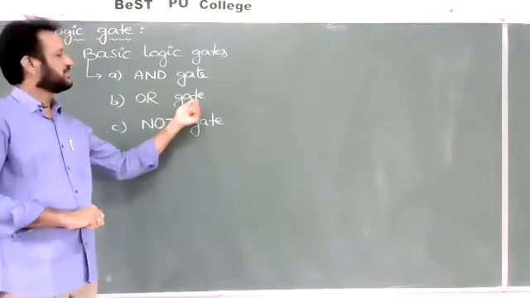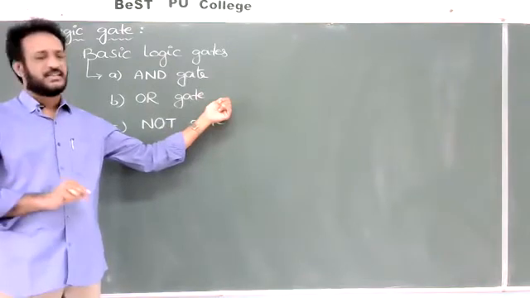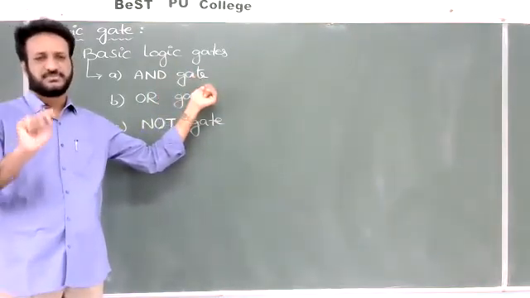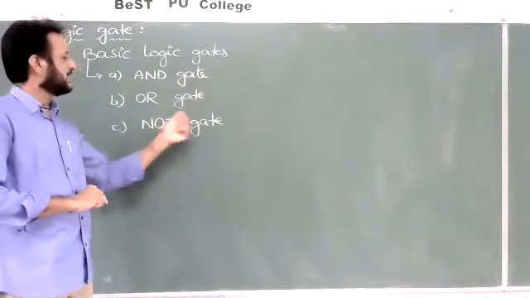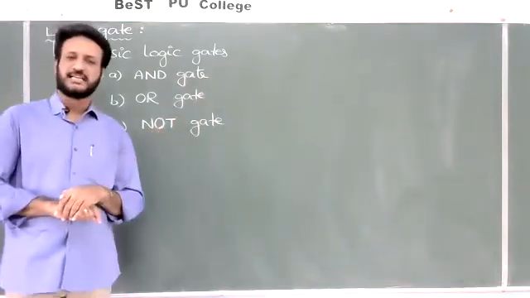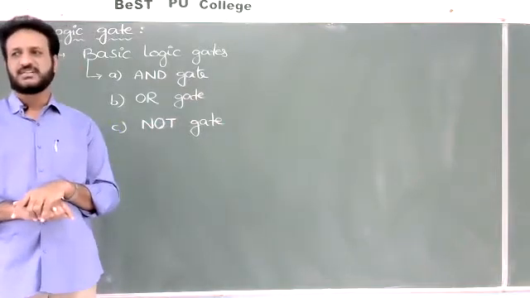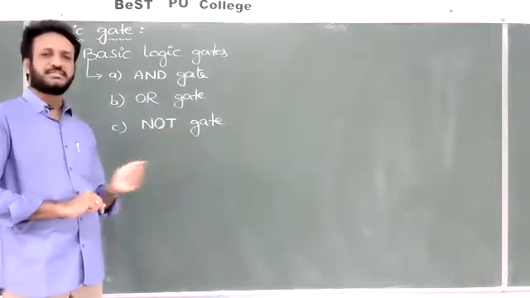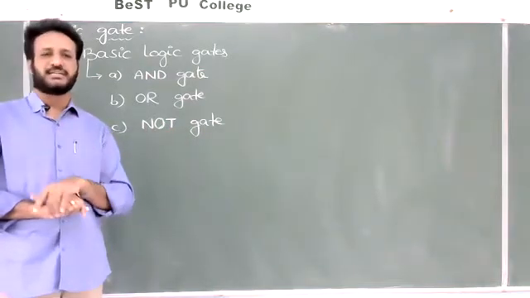Here addition means you use the symbol plus. For logical multiplication we use dot or into. The NOT gate means logical complementation or logical inversion. So the NOT gate always performs logical inversion or logical complementation.